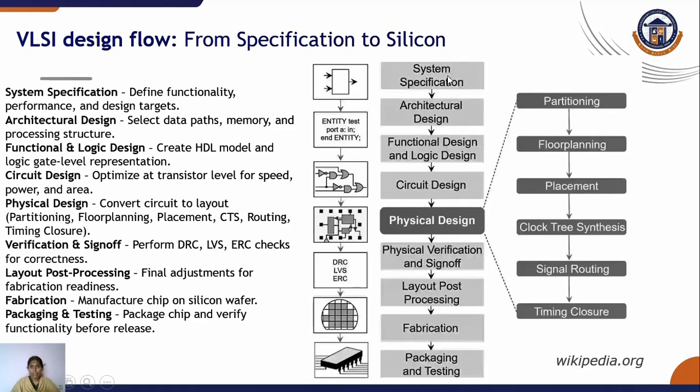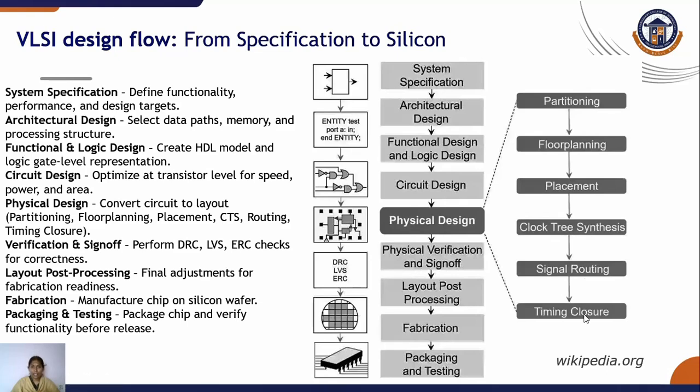After the system specification, we move to the architectural design. Then we move to the functional and logical design. After that, we enter circuit design. Then next we move to the physical design. The physical design includes a lot of steps: partitioning, planning, placement, clock tree synthesis, signal routing, and timing closure.